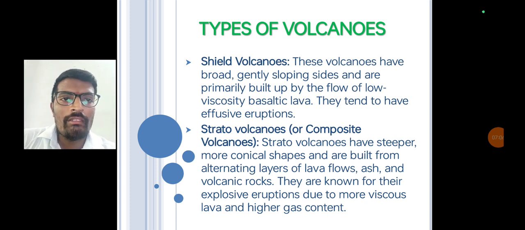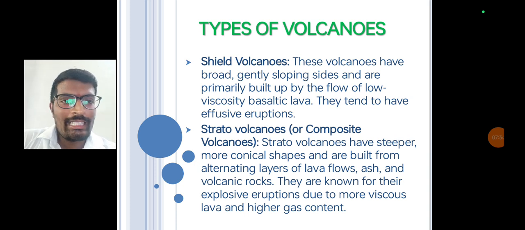They tend to have effusive eruptions. It means the lava is low viscosity, so it creates gently sloping sides around the crater with broad tephra layers. It looks like a bowl shape. That is called a shield volcano.